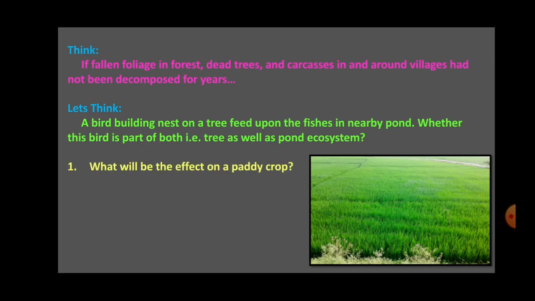First, what will be the effect on the paddy crop? If the grasshopper population rises, the grasshoppers will eat up the paddy fields. Hence the paddy field will be infested with insect pests.